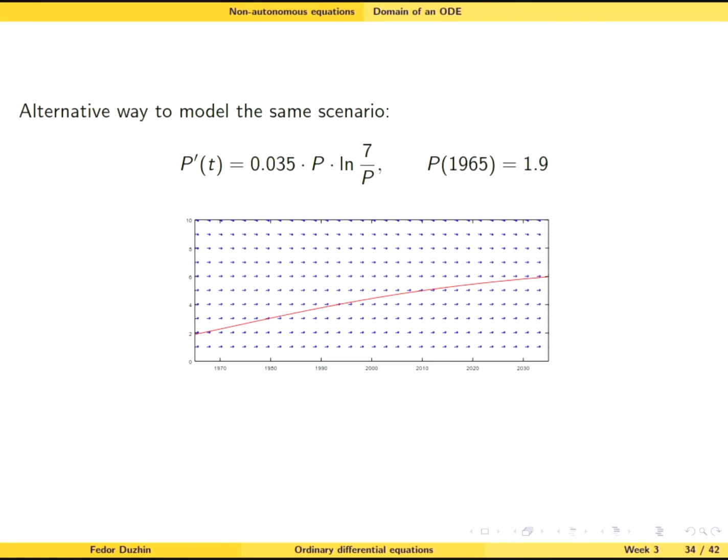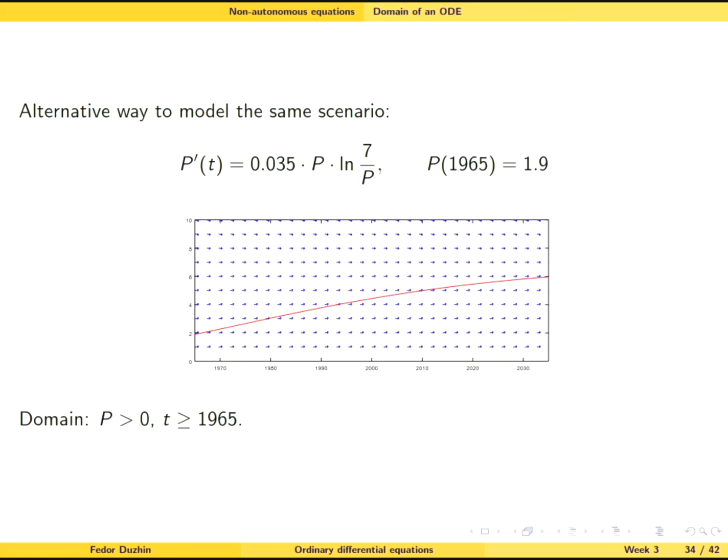So then there could be an alternative model to do the same thing. Note that the main idea is still the same. So the thing about this function is that here the equilibrium solutions are also p equals 0 and p equals 7, and 0 is unstable, 7 is stable, so the logic is similar.